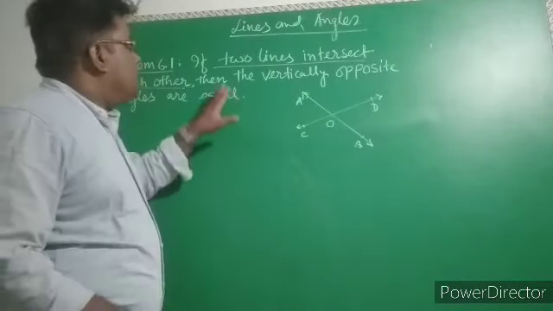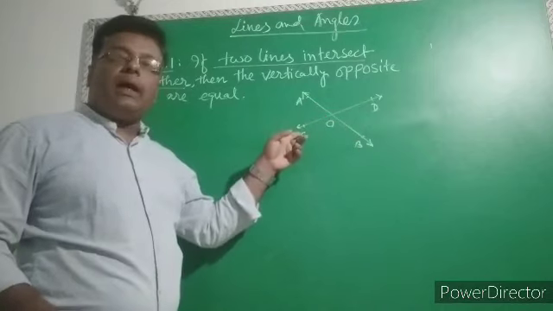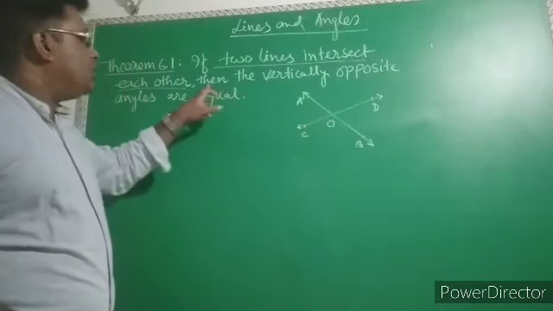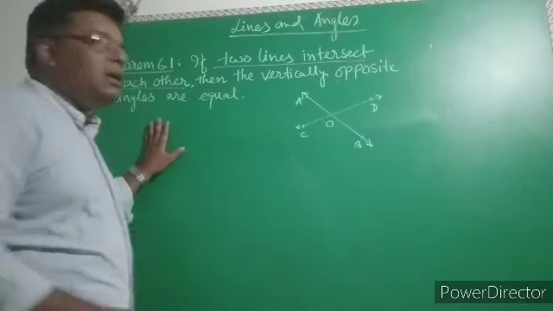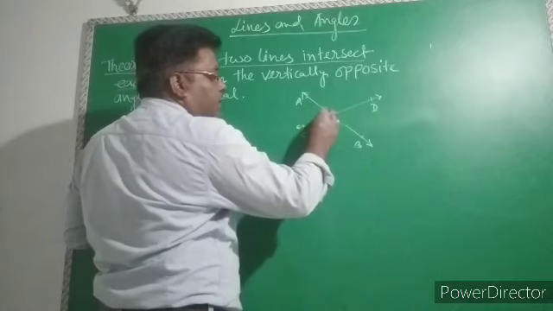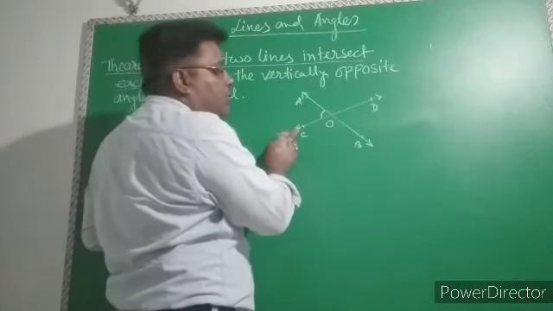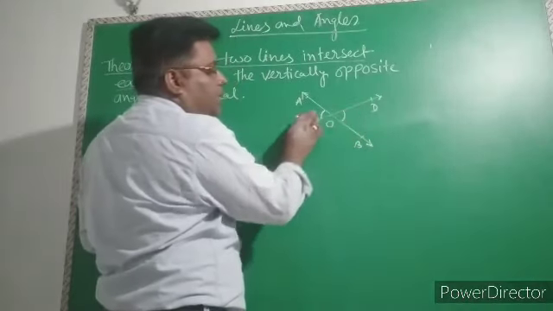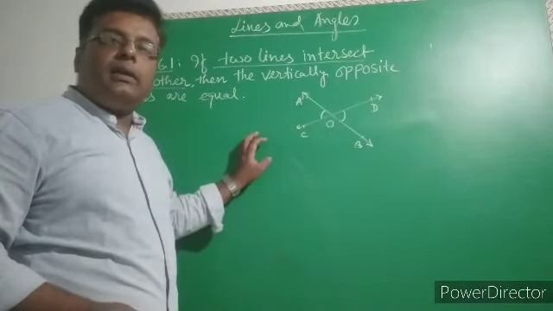Now these two lines AB and CD intersect each other at point O. You have to show that the vertically opposite angles are equal. So vertically opposite angles means this angle AOC is equal to angle BOD. We have to show that these vertically opposite angles are equal.